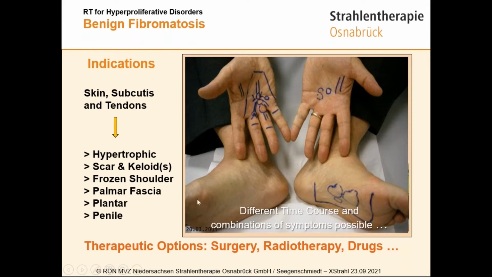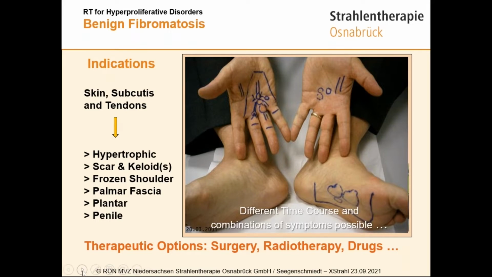As you can see here, the right foot is uninvolved, while the left foot has already Ledderhose disease, which is currently treated. In addition, the patient has a 2-year follow-up on radiotherapy in the right hand and early signs of Dupuytren in the left hand.